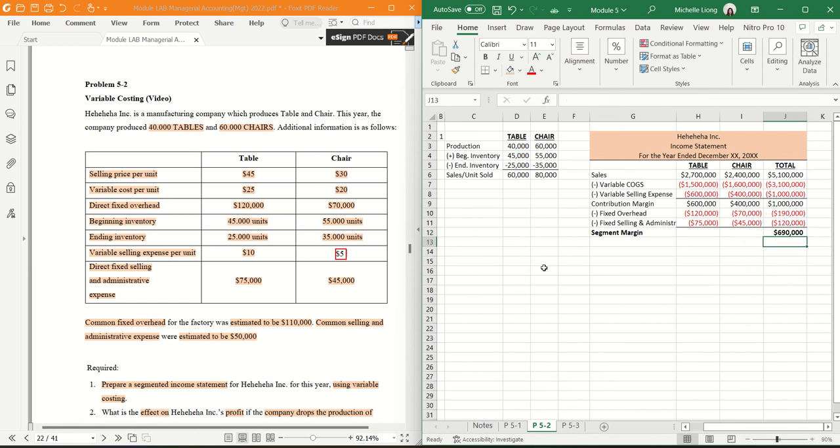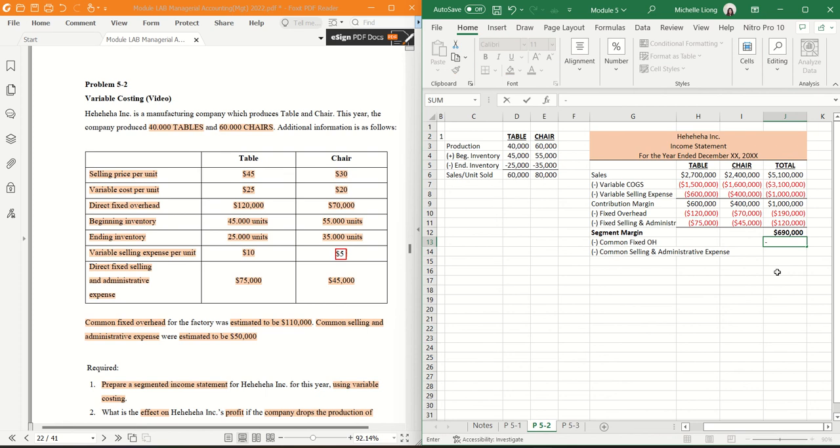But remember that they told you about the common fixed overhead and the common selling and administrative expense. You need to count that in order to find your operating income. So we have common fixed overhead and also common selling and administrative expense.